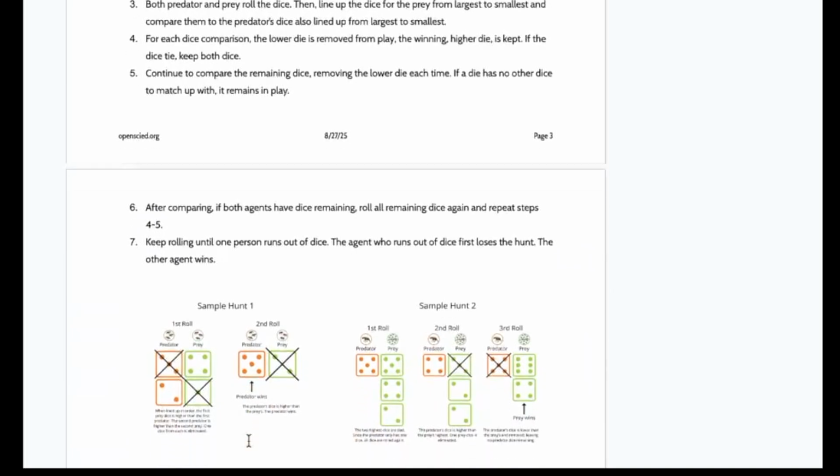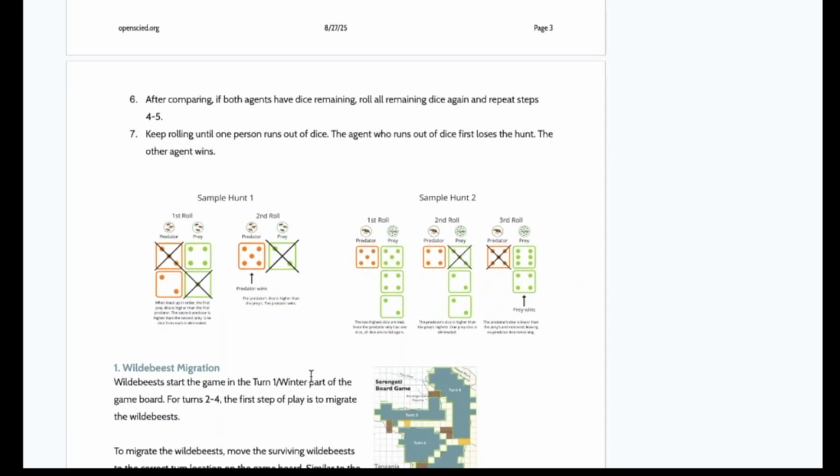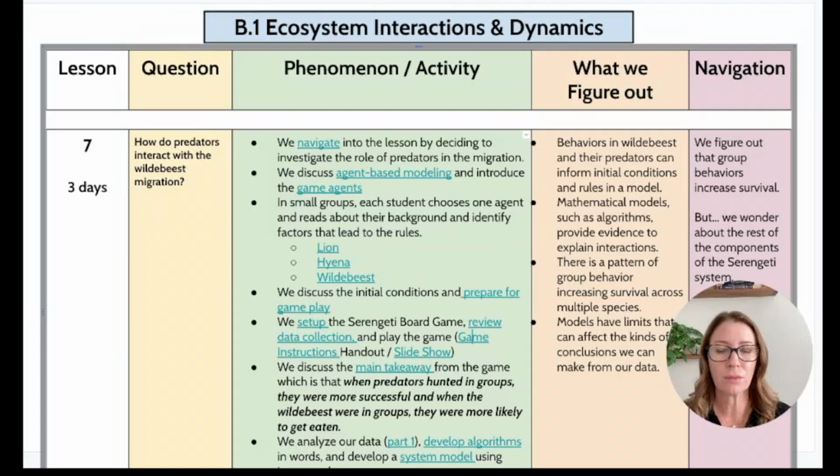There are 4 events that happen in each season or each turn, and then how to roll the dice. It also explains how to compare the dice. This will also be in the slideshow, but it's nice to have at this station so they can reference it once they move into playing the game on their own without you following along.